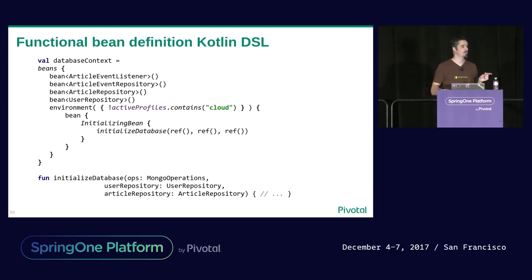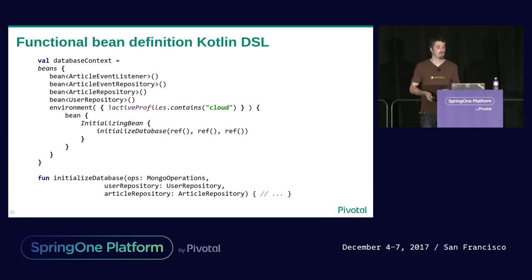So you remember we had our router DSL. Now we have a beans DSL, which is a kind of trade-off between Java config and XML. We have a kind of declarative thing, but it is still code, Kotlin code. So here I'm declaring a bean specifying the class. Notice that this bean will be automatically autowired if there is a need to do that.